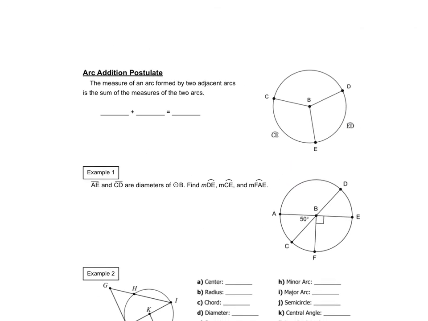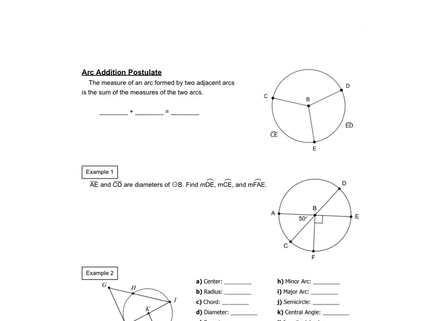The arc addition postulate, just like when we had the line segment addition postulate and the angle addition postulate, what they're telling us is that if we have two arcs that are next to each other that share radii, then guess what? They're adjacent, they're next to each other.